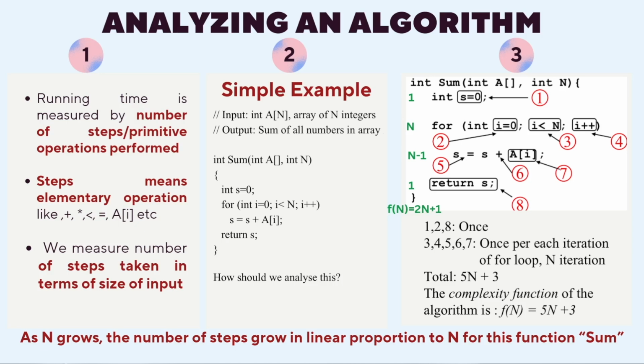So, if we are representing the complexity of an algorithm as a function of primitive operations involved, then f of n is the complexity function, where n denotes the size of the input, and the complexity function is 5n plus 3.